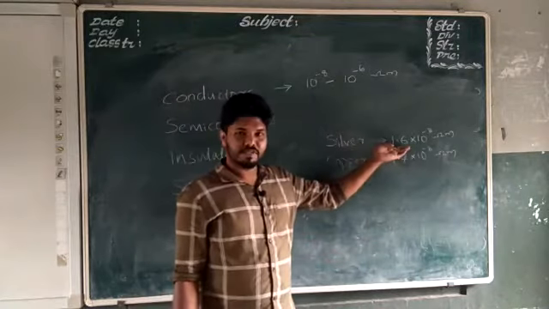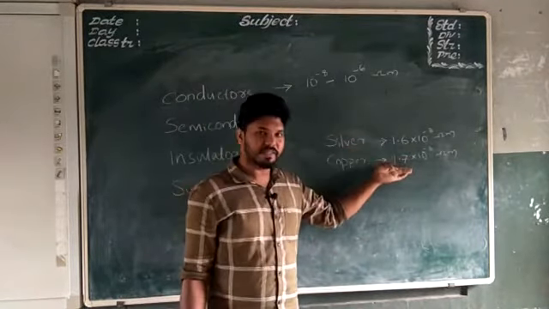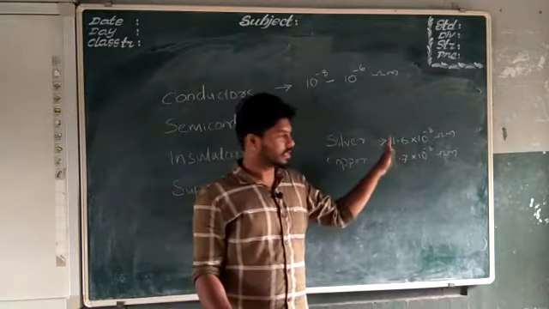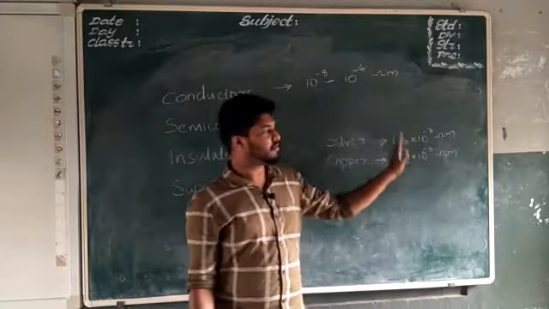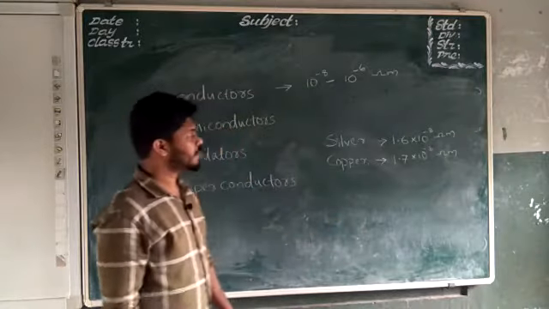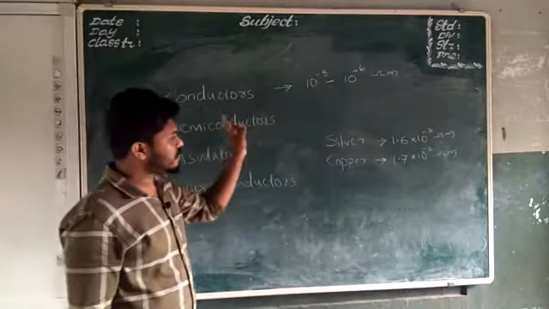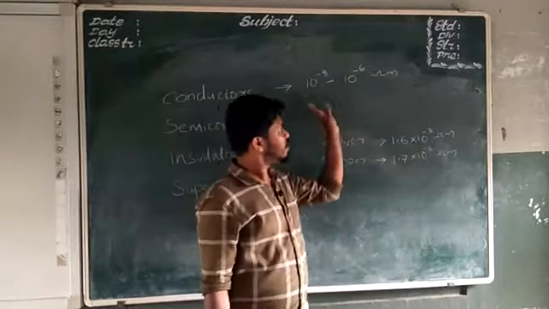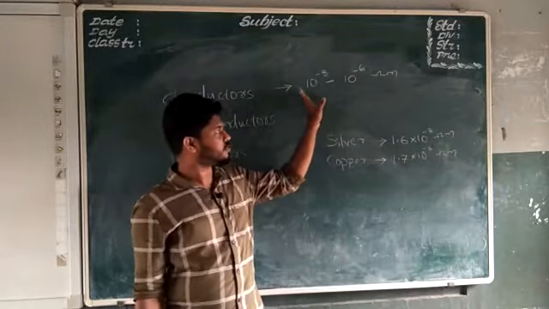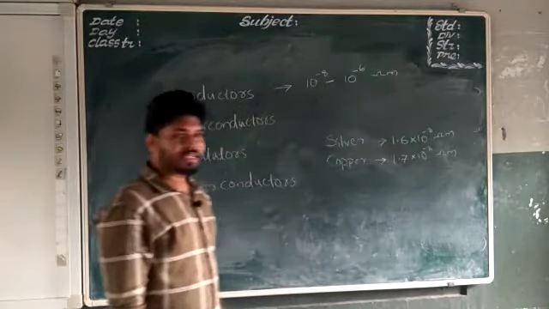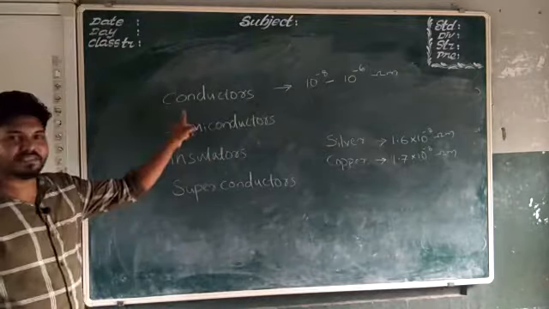So this is the resistivity of silver, and the second one is the resistivity of copper. So conductors are those materials whose resistivity is in the range of 10 raised to minus 8 and 10 raised to minus 6 ohm meter. That is the definition for conductors on the basis of resistivity.